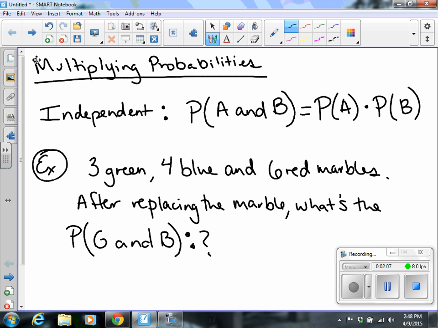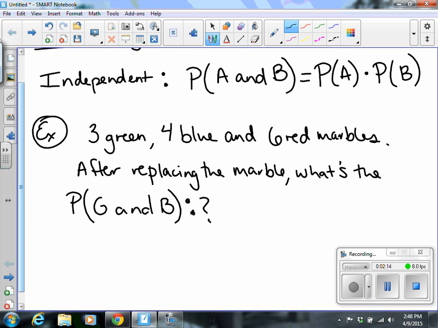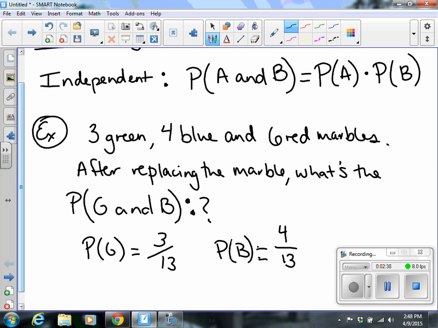Okay, so when we're looking at this, I need to find the probability of the green one and then the probability of the blue one based on my independent formula. The probability of the green one, well, I have 13 total. The probability of getting a green one is 3 out of 13. The probability of selecting a blue one is 4 out of 13.